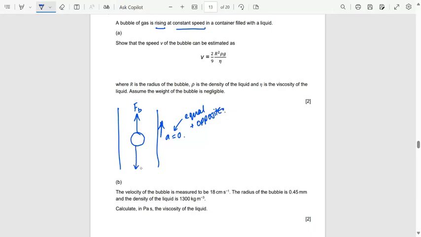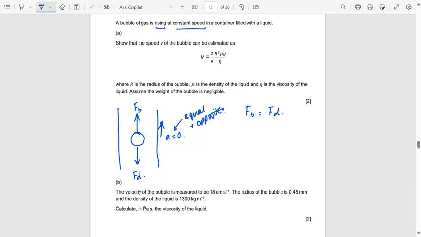Now the drag is actually downwards because the motion is upwards. So these are equal and opposite. Let me do a slightly better scale. Okay, so our first step is to note buoyancy equals drag in the opposite directions. So show that the speed v of the bubble can be estimated as that expression.